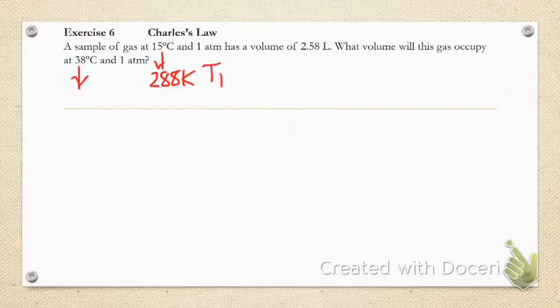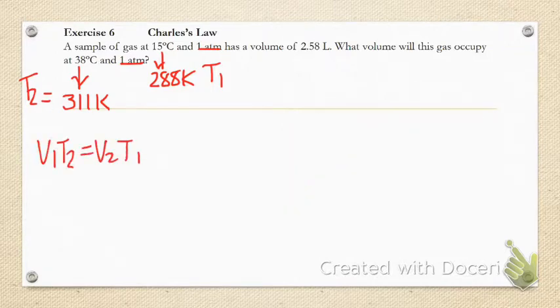This was T1, T2 is 311 Kelvin. All right. Notice that the pressure stays the same because Charles's law is good at constant pressure. So V1 T2 equal to V2 T1, and then we're going to solve for V2, V1 T2 over T1.